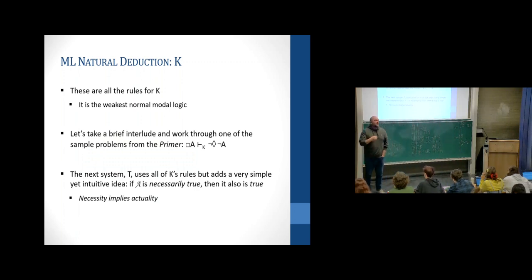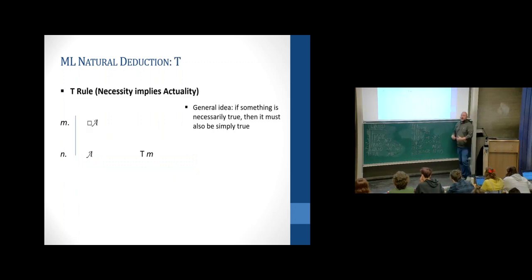So the next system, system T, gives you that rule. And in fact, that's all it is. It takes K and adds one more rule, and the rule is very simple. It's literally, if you have a boxed sentence, you can unbox it.